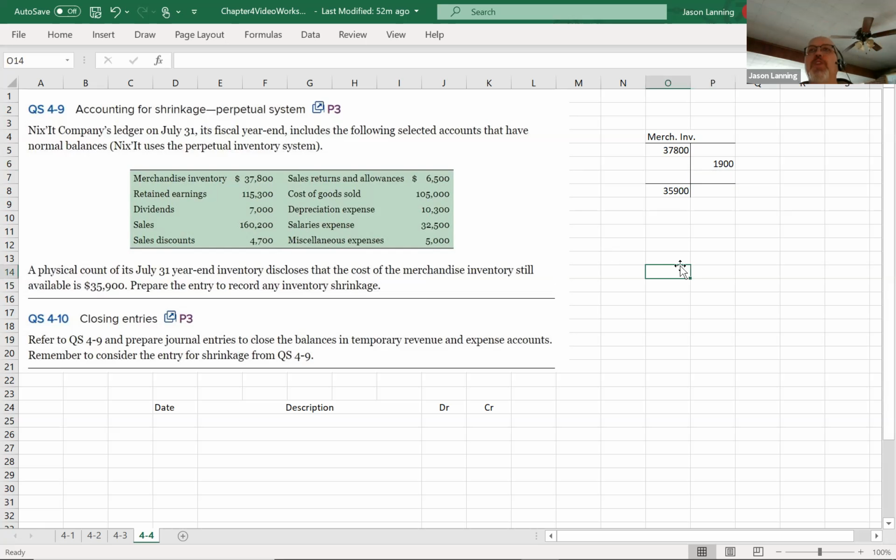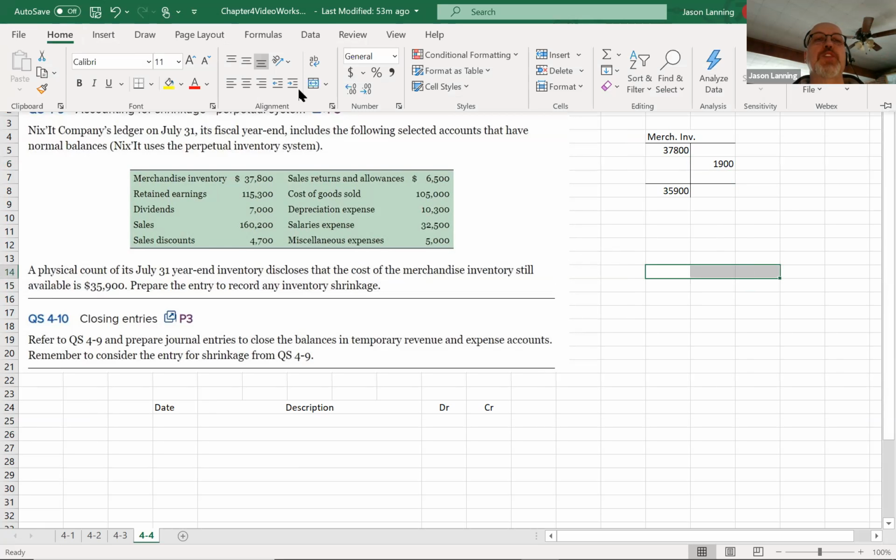If we think about this logically, we have $1,900 of merchandise inventory that's gone. It's disappeared, whether it was stolen, rotted, spoiled, whatever the case may be. We can't sell it. It's gone. We don't own it. We don't have it. So we have to adjust for that. Let's journalize this real quick so we can see what we're doing.